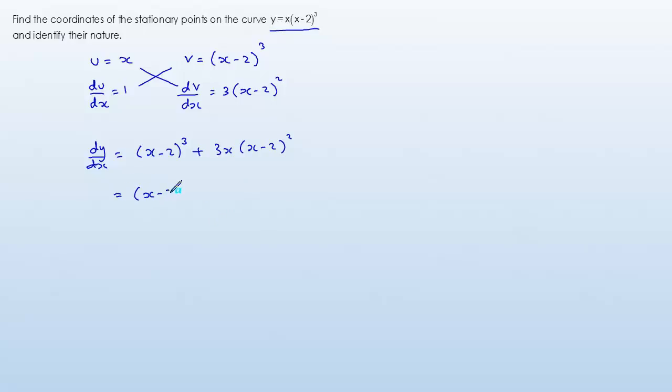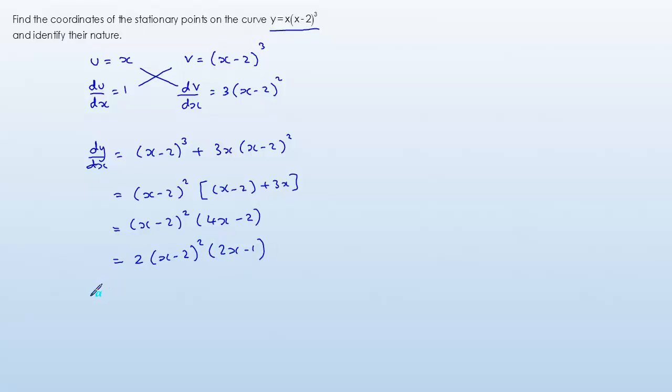Now, (x − 2)² is a common factor, and then here we get x − 2, and here we'll get plus 3x. So that's (x − 2)² and then 4x − 2. We probably should bring out the common factor of 2 here, so that's 2(x − 2)²(2x − 1).